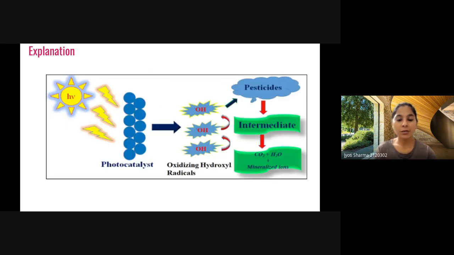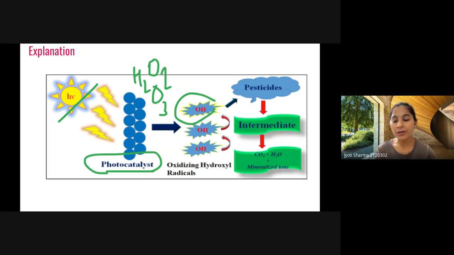So this is your electrochemical. What will happen, for example, if we have ozone or hydrogen peroxide, this hydrogen peroxide, using some photocatalyst in the presence of sunlight, will give you the hydroxyl radical, OH.